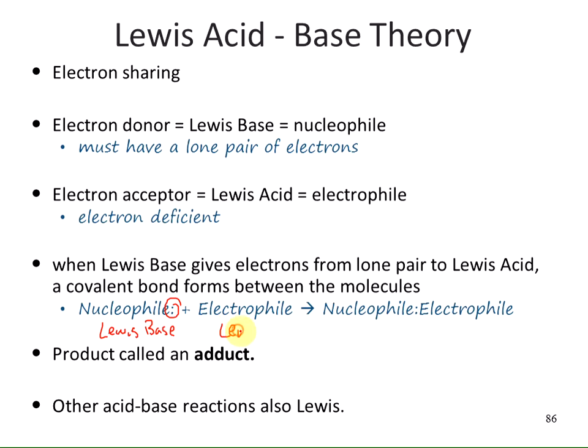The product between these two, that relationship when it shares that electron density, is an adduct. Lewis acid-base theory is a very general, useful definition, and all other acid-base reactions can be classified and studied using Lewis acid-base theory.